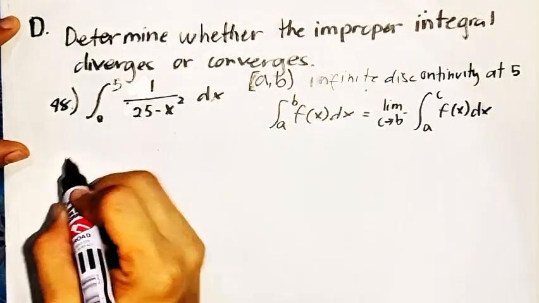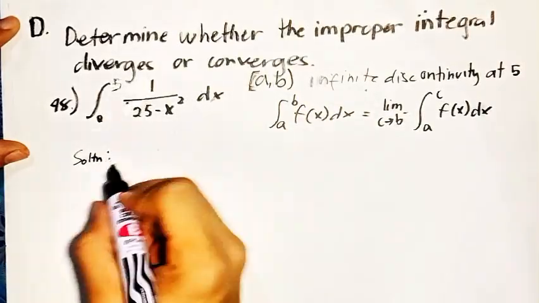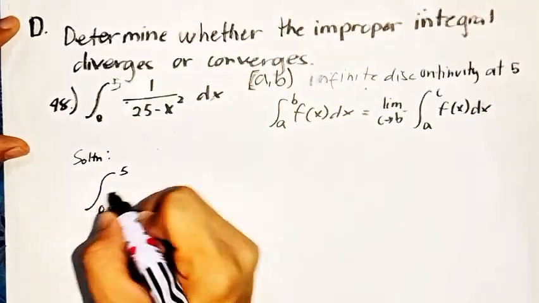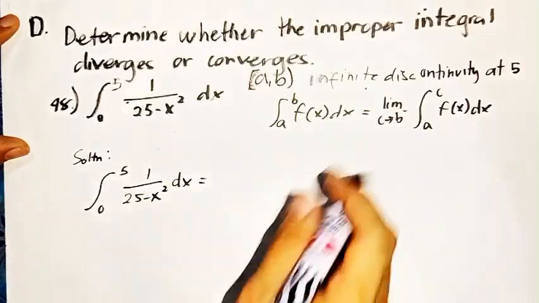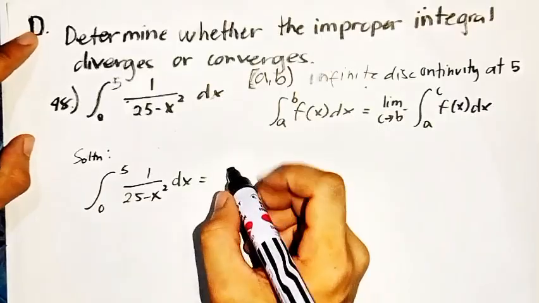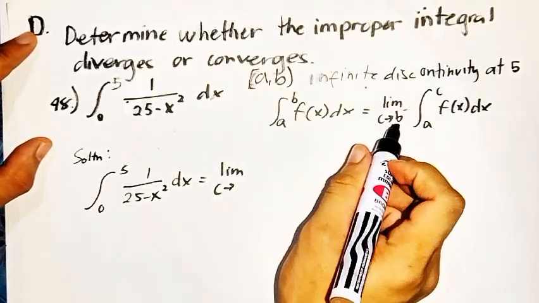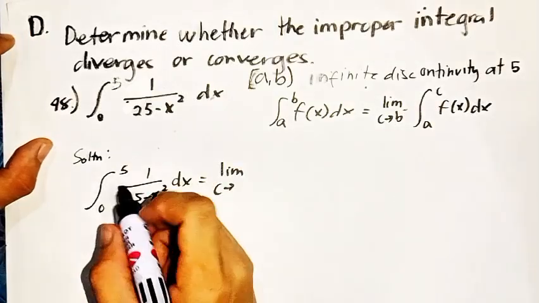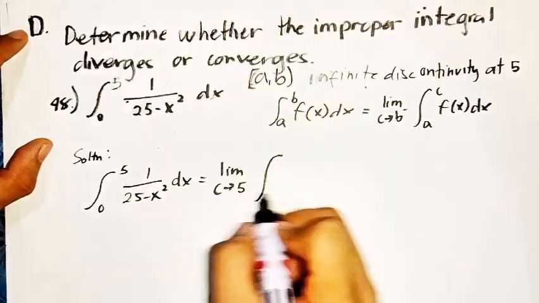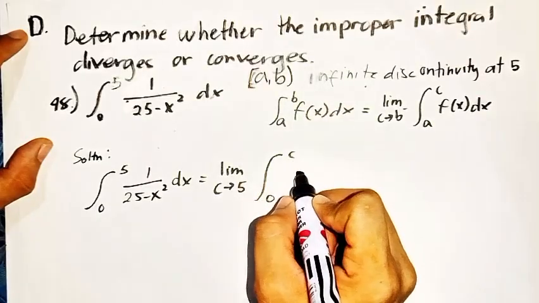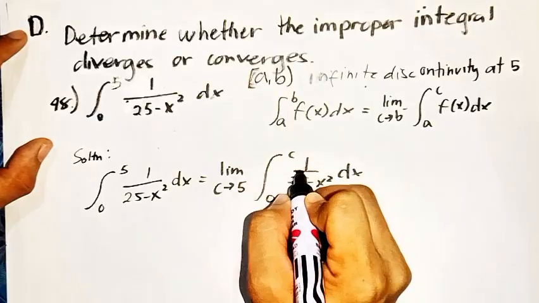Now let's use this definition. So solving the integral of 1 over 25 minus x squared dx, we have the limit as c approaches b, which is 5, right? The integral from a, which is 0, to c, of f of x, which is 1 over 25 minus x squared dx.